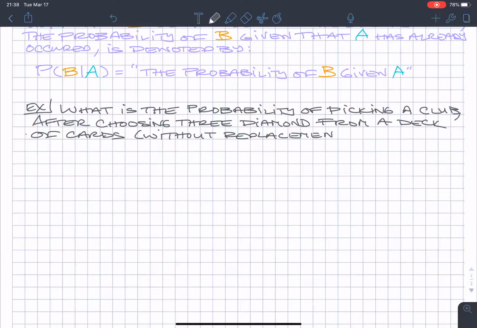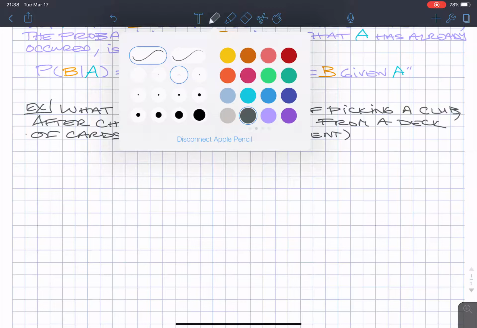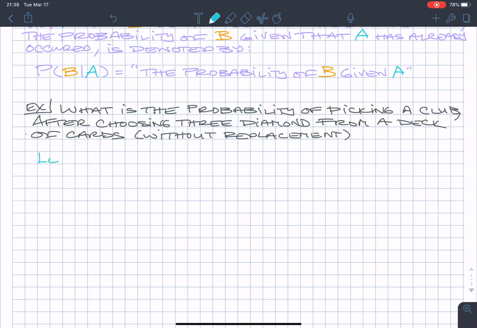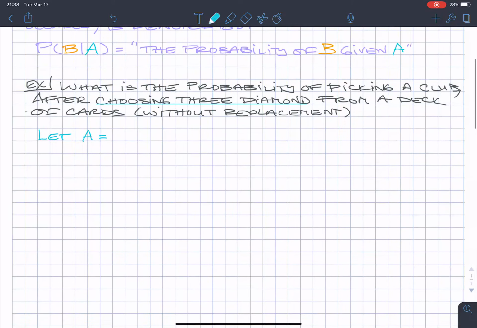And this is why it's going to be conditional. So I'm going to let A be the event that happens first. So that's going to be choosing 3 diamonds. Okay, so let event A be choosing 3 diamonds.